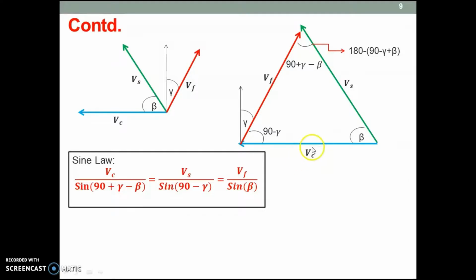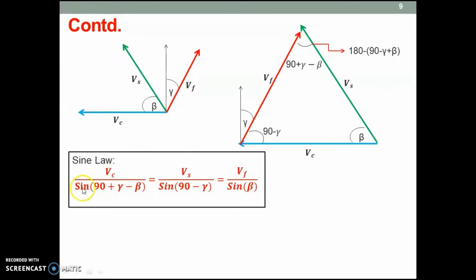So VC by sine(90 plus gamma minus beta) equals VS by sine(90 minus gamma) equals VF by sine beta. All three sides are proportional in this way, according to the sine law.